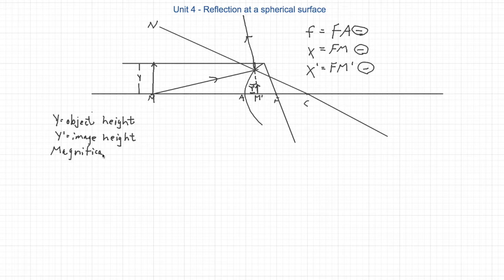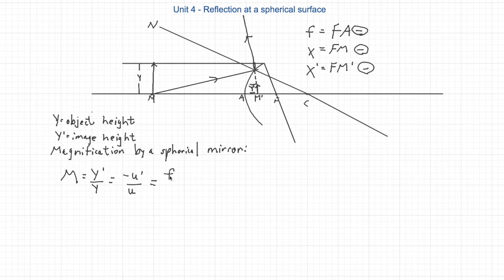So the magnification for a spherical surface when you reflect off of it is y prime divided by y, which equals negative u prime divided by u, or f divided by x, or x prime divided by f.